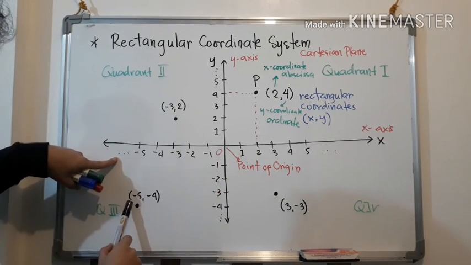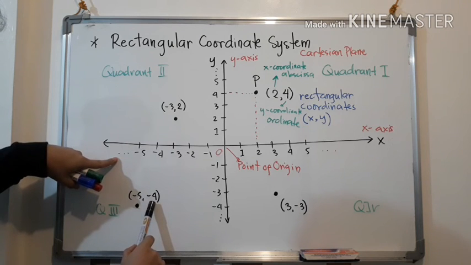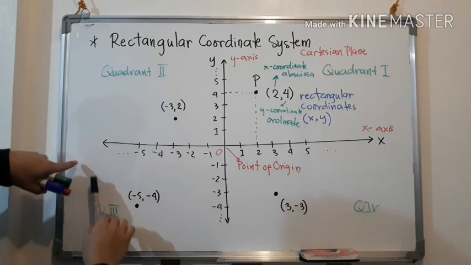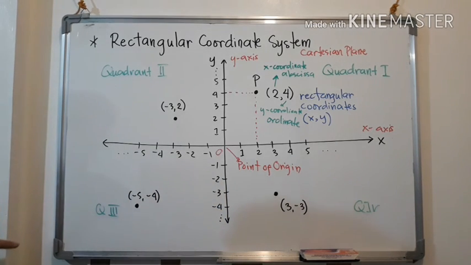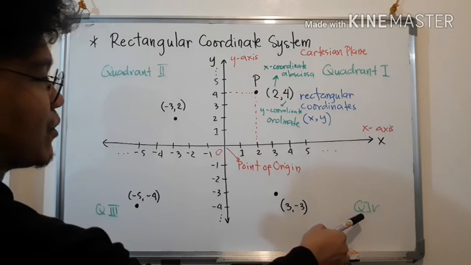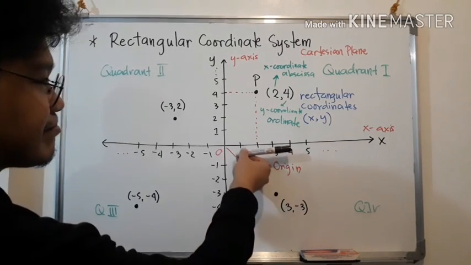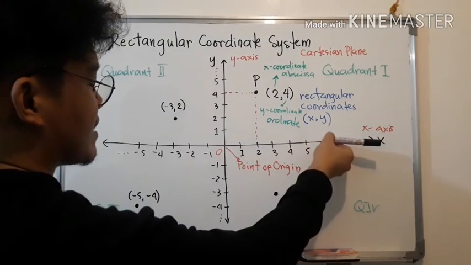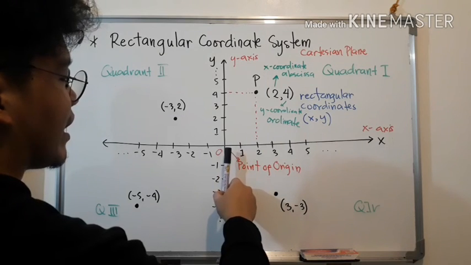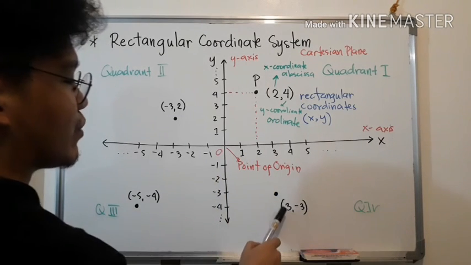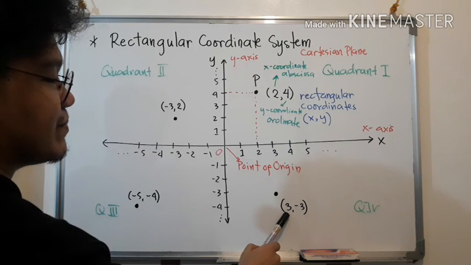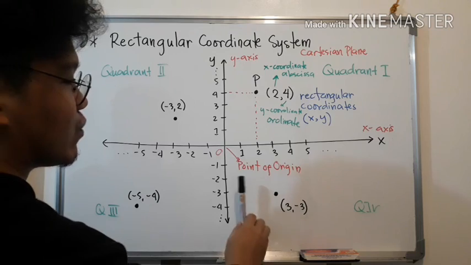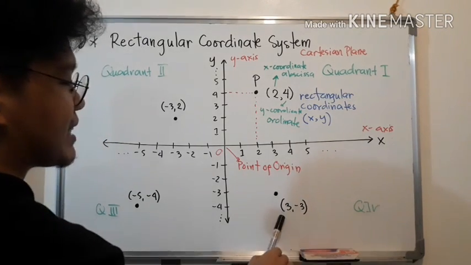Therefore, the abscissa is negative and the ordinate is negative, so all rectangular coordinates in quadrant 3 have negative signs. And how about in quadrant 4? Quadrant 4 is located under the positive x-axis and to the right of the negative y-axis. Therefore, our abscissa is positive and our ordinate is negative.